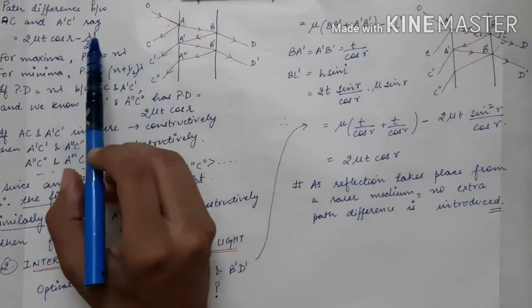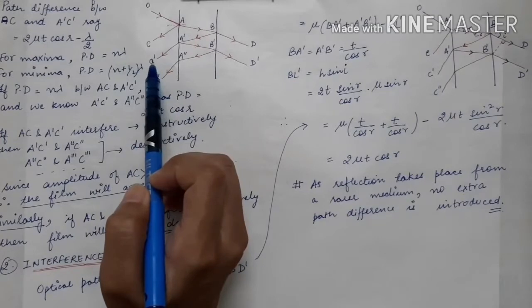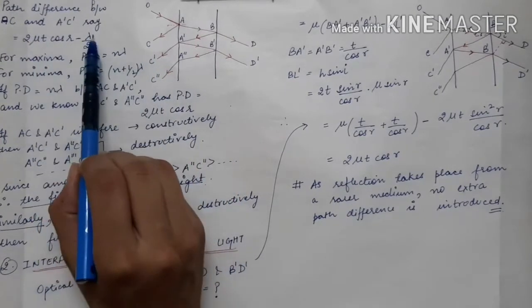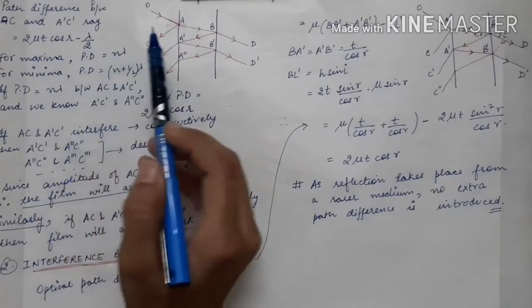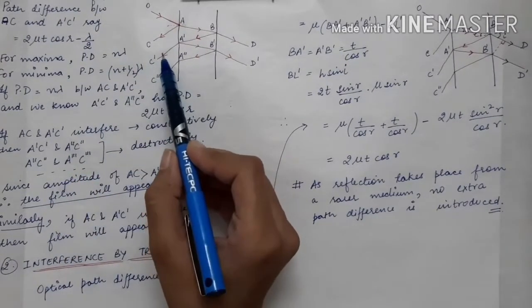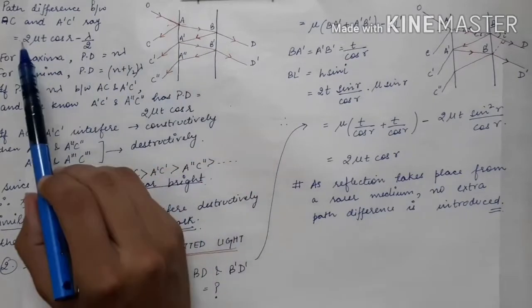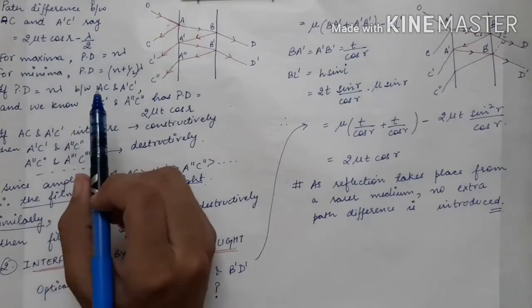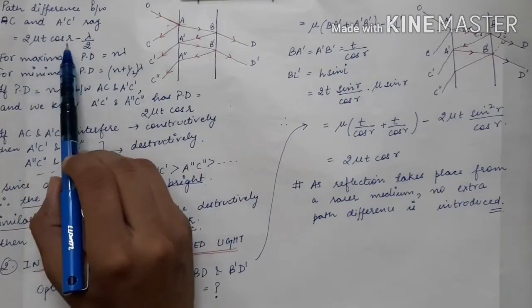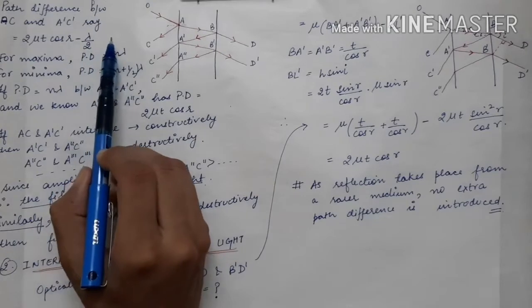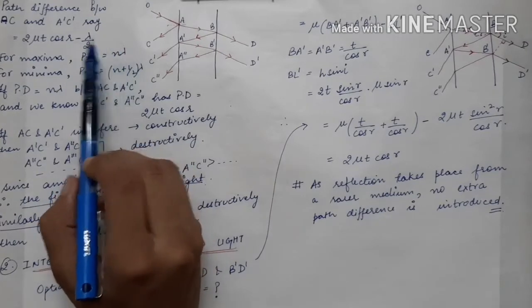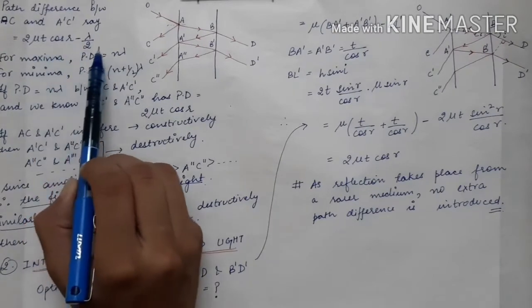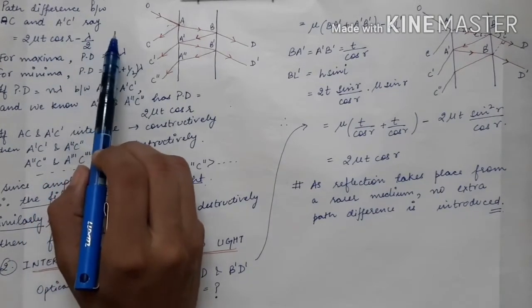Whereas the second and third ray have a path difference of just 2 mu t cos r, which is equal to n plus half lambda.